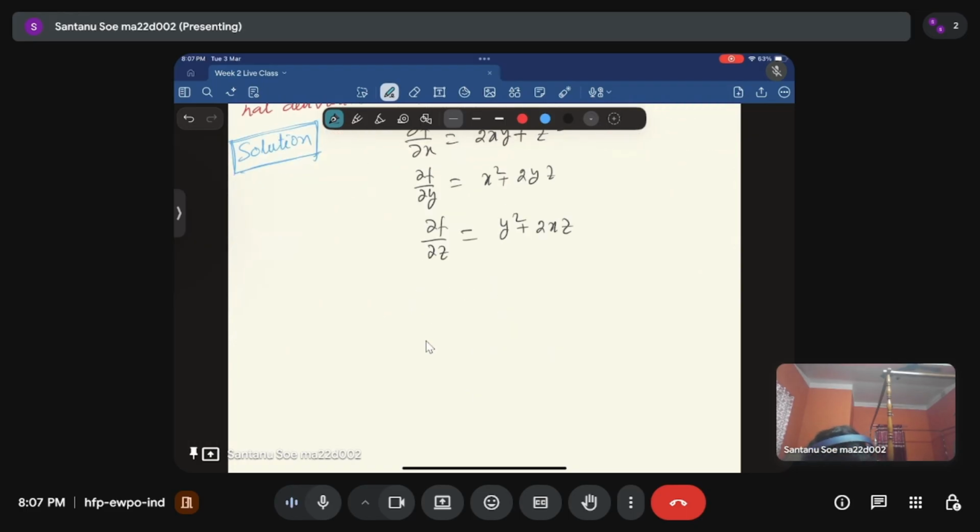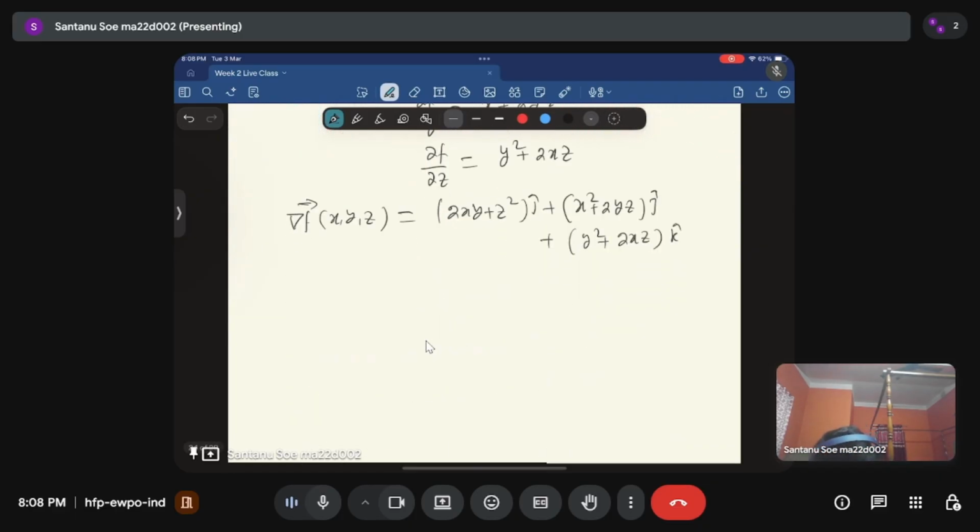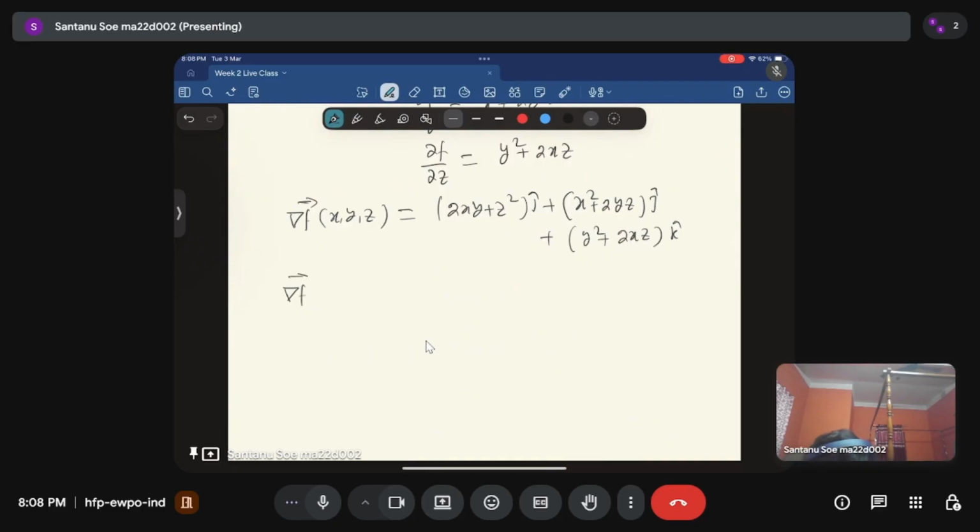Okay, so our gradient of f at xyz is 2xy plus z square i cap plus x square plus 2yz j cap plus y square plus 2xz k cap, right? So now we have to evaluate gradient of f at P.